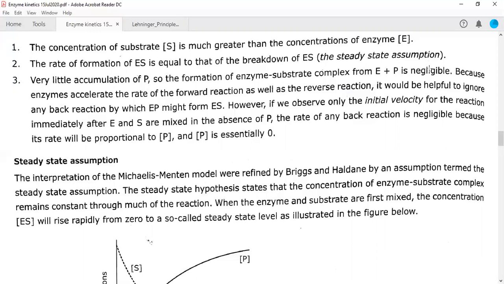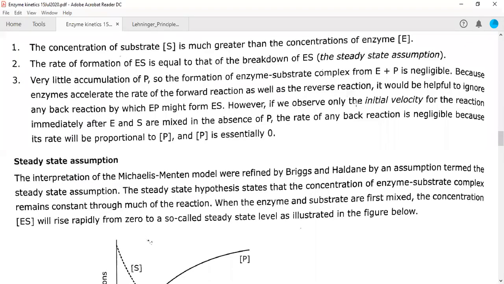Because the product will not accumulate, it will be released from the enzyme, therefore the chance of backward reaction will be very negligible. Because enzyme accelerates the rate of the forward reaction as well as the reverse reaction, it is helpful to ignore any backward reaction by which enzyme and product might form the enzyme substrate complex again.